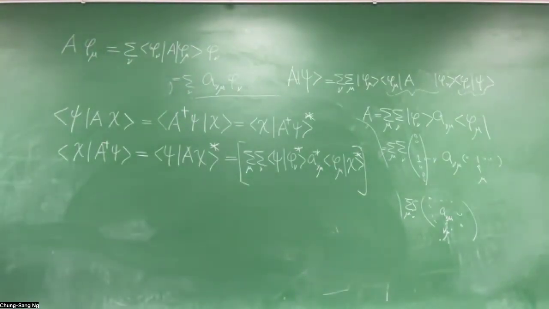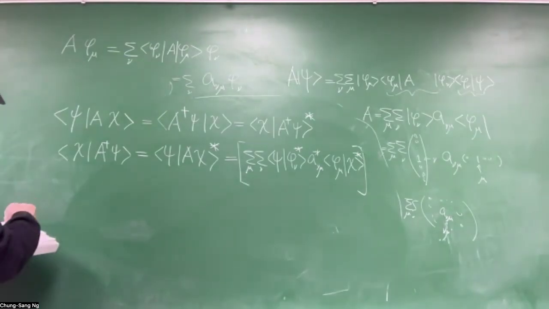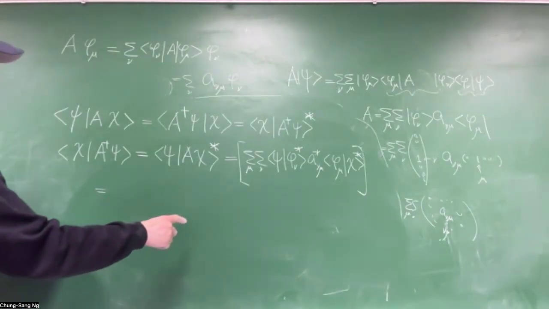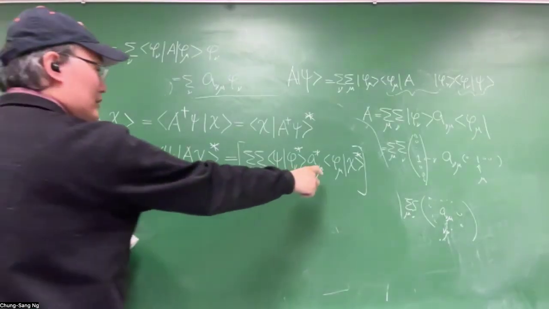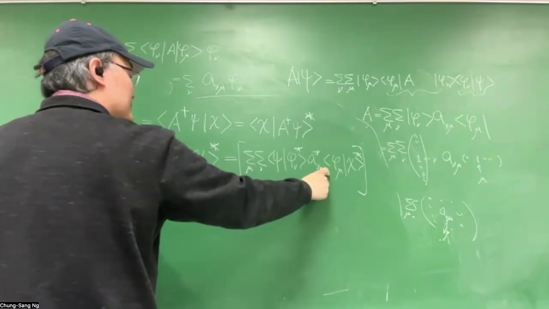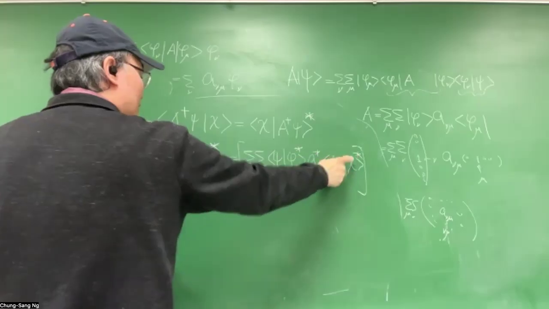Okay, that's fine. Now the idea is to write it in reverse order. For this complex conjugate, you use the property of the scalar product: you just interchange the position and get rid of the complex conjugate.